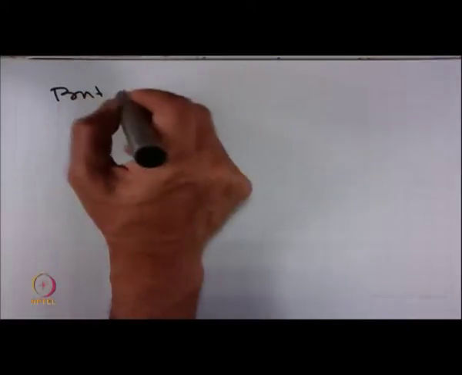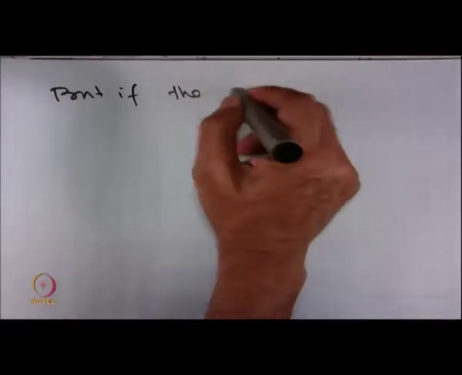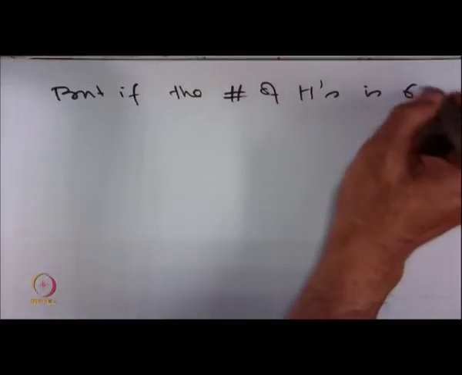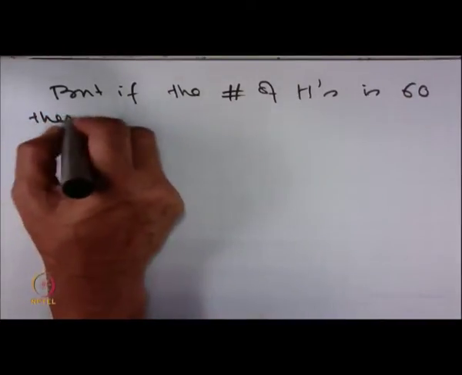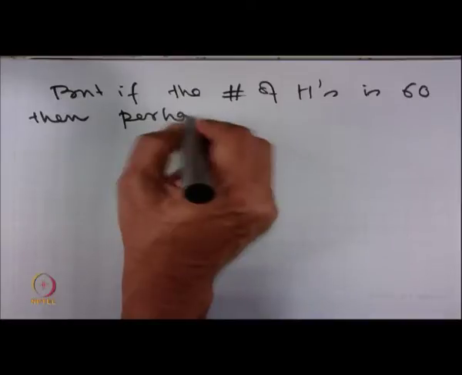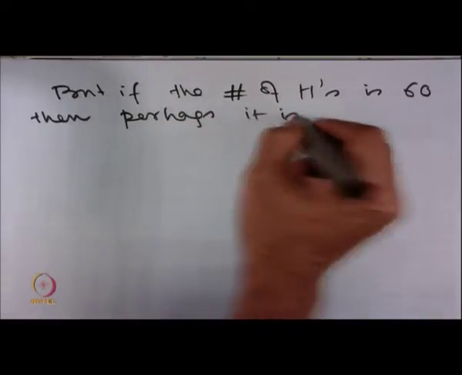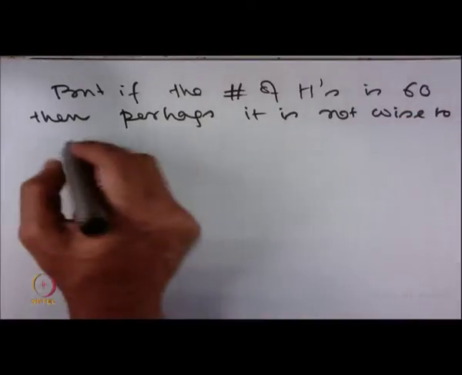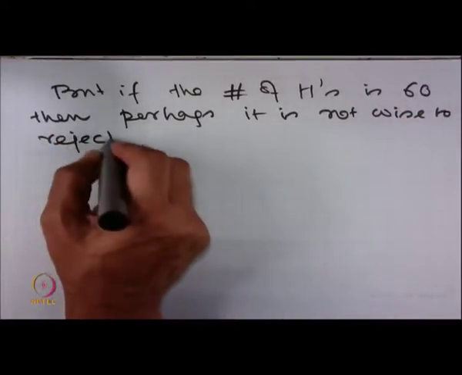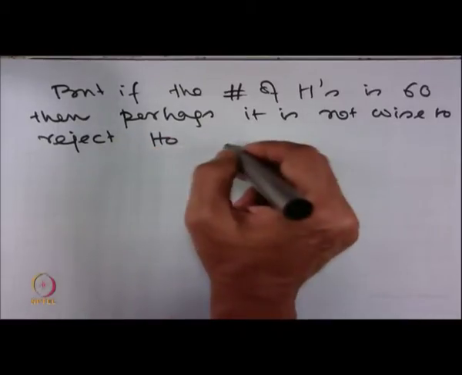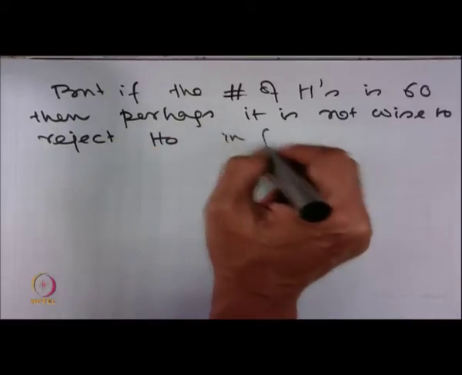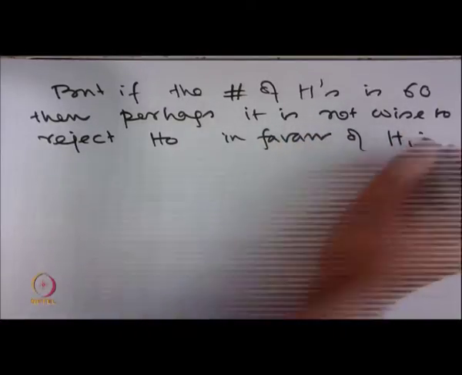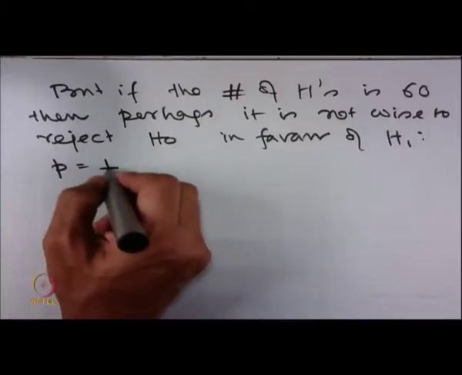But if the number of heads is 60, then perhaps it is not wise to reject the null hypothesis H naught in favor of H 1, that P is equal to 1 by 4.